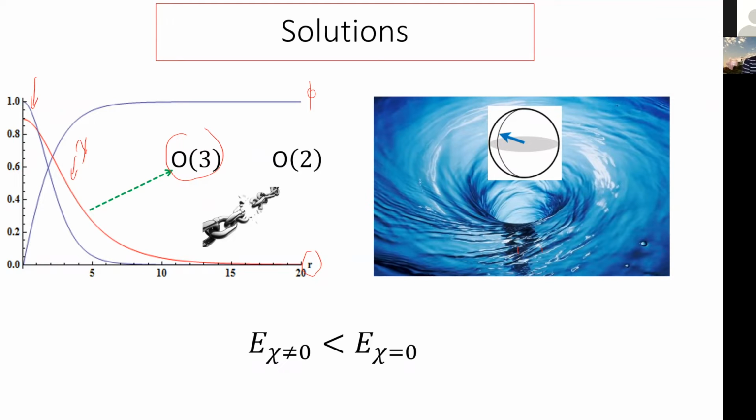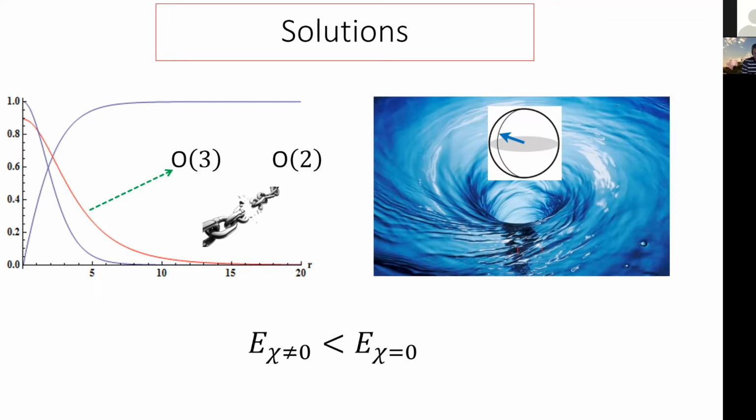Therefore, this is just a vortex, as I said, with some internal moduli. There's a vortex which has some internal orientational moduli on top of it. It's like an Abrikosov vortex plus some extra ingredients, which are these internal moduli. And what we can show numerically is that indeed the energy of the solution, or let's better say the tension of the solution of this vortex with the orientational moduli, is actually lower than without.